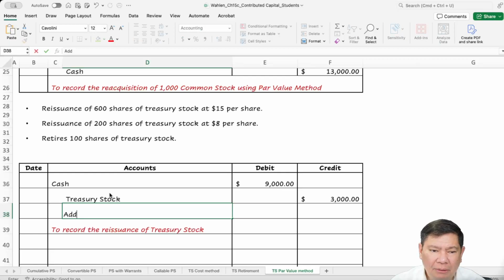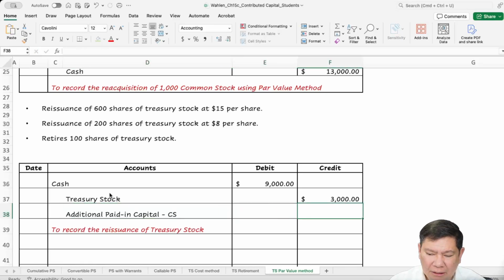And we have to put additional paid-in capital from common stock for the difference, $6,000. Okay, because that's a gain. We bought it for 13, we sold it for 15.